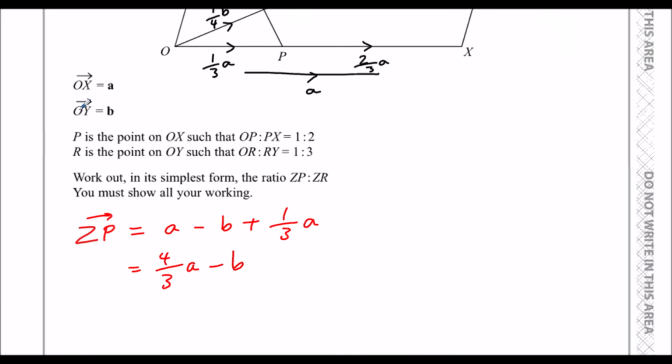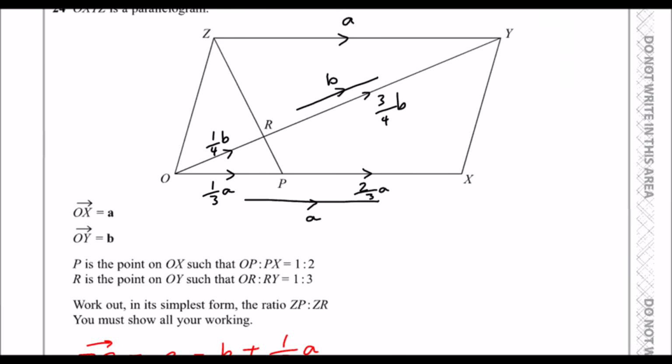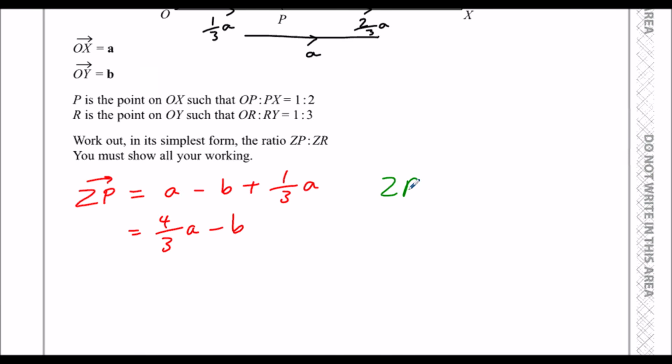And then how about ZR? ZR is A minus 3/4 of B. And we want the ratio ZP to ZR.